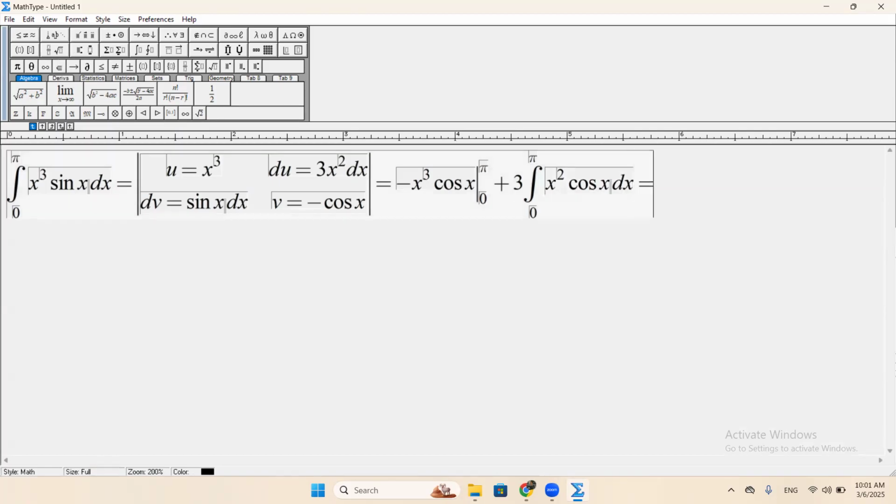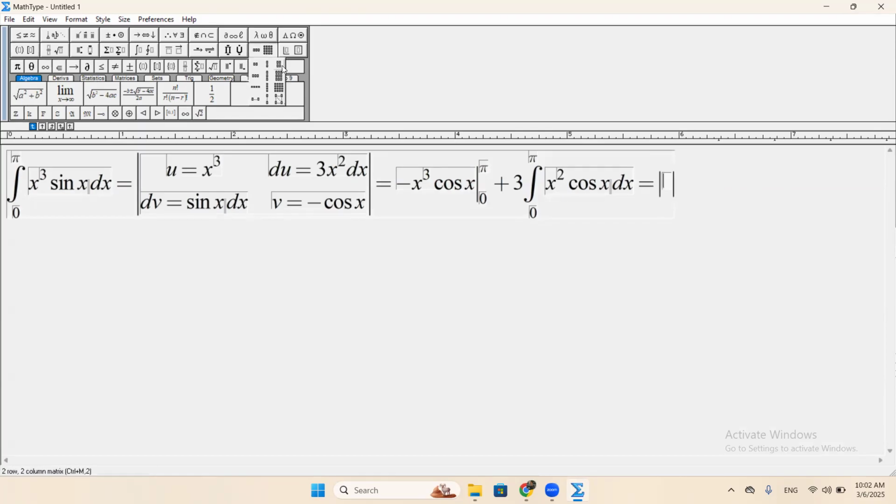Okay, again we will integrate by parts, and in parallel we will calculate this product, not integral. So what do we have?